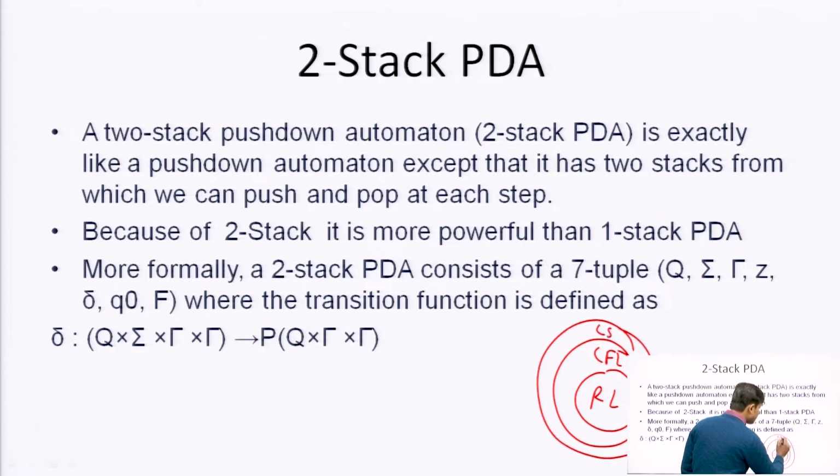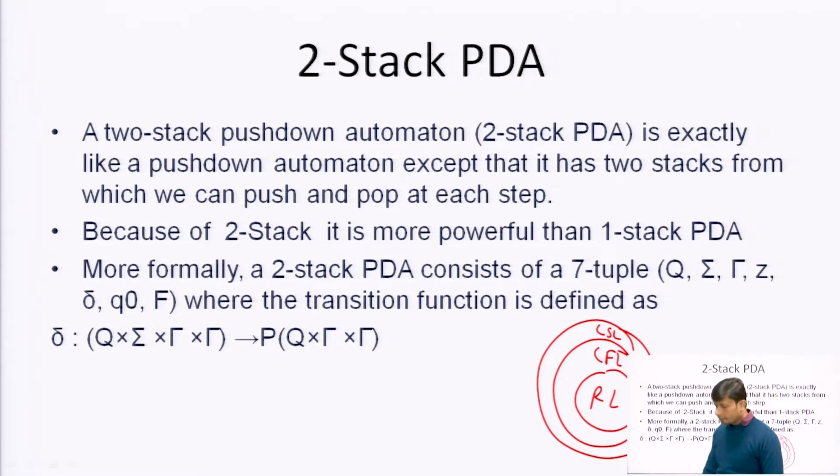For this context sensitive language we can design it using a two stack PDA. This two stack PDA is more powerful than a one stack PDA, because we are using two stacks. That's why it is more powerful than a one stack PDA.